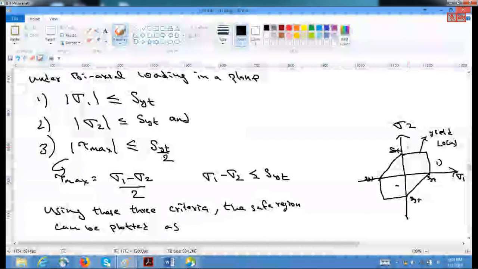The locus, and sigma 2, let's say this is SYT, which is same in the tension side, whereas the more this side is same as this side.